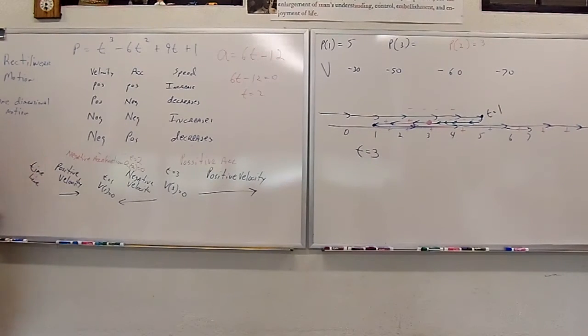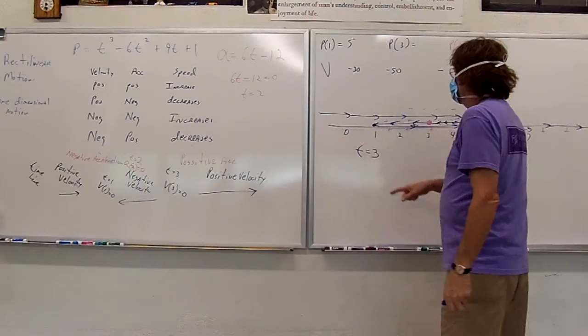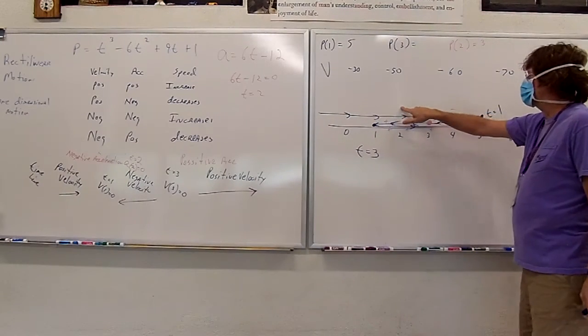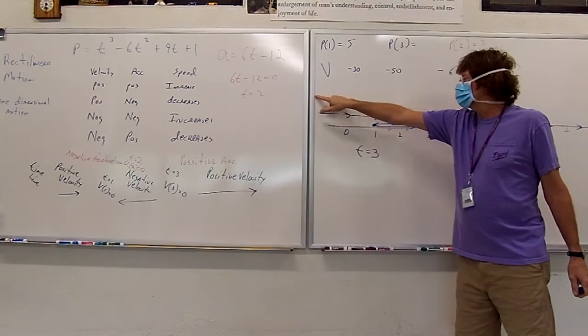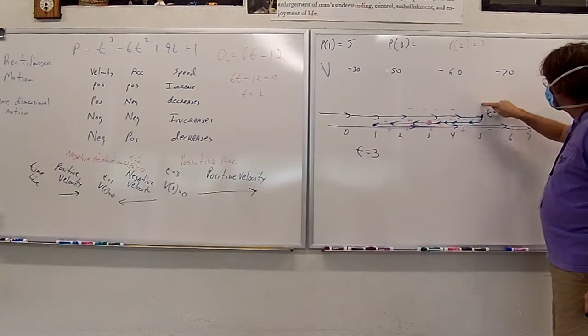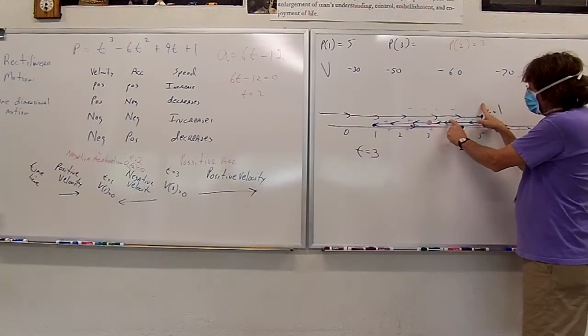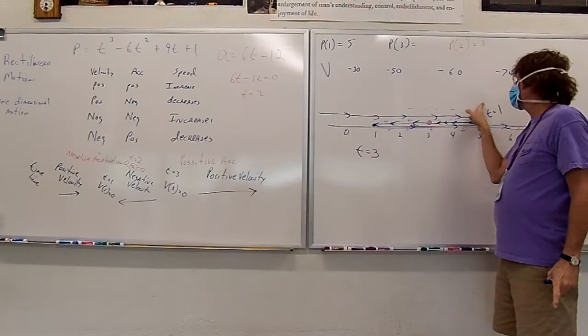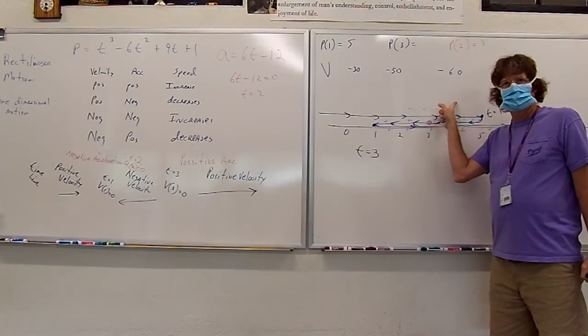Okay. All right. So, if you're looking at the speed here, this whole time you had a positive velocity and a negative acceleration. So what's the particle doing? It's slowing down, slowing down, slowing down, and it stops. Now you have a negative velocity and negative acceleration, so it starts going backwards, and the speed is increasing.